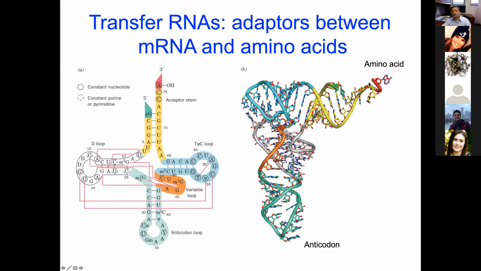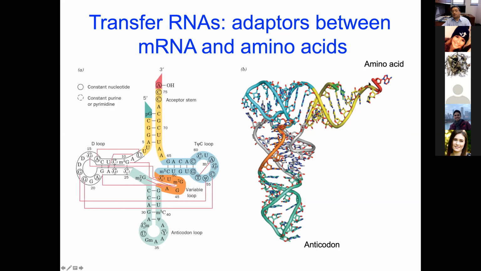Now let's look at some details of how amino acids get connected to tRNA. Here is the general structure of aminoacyl-tRNA. You see this cloverleaf structure, a schematic showing the tRNA. This is the 3' end of the tRNA, and it has the CCA sequence.